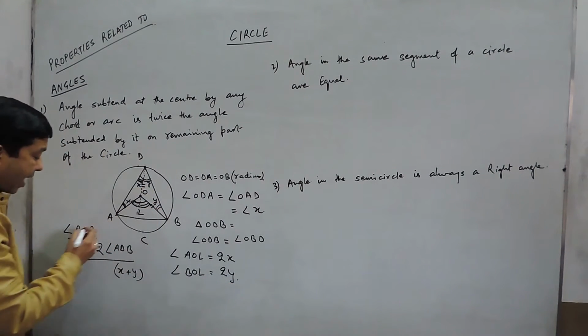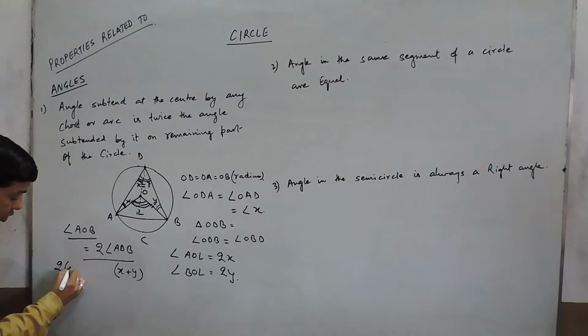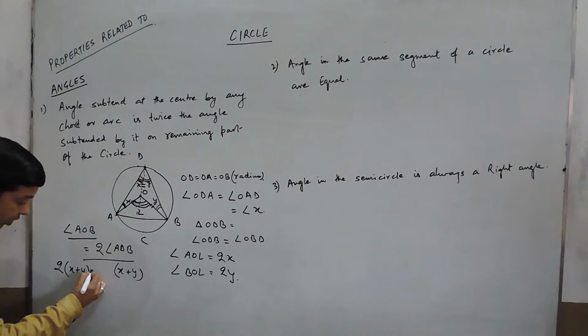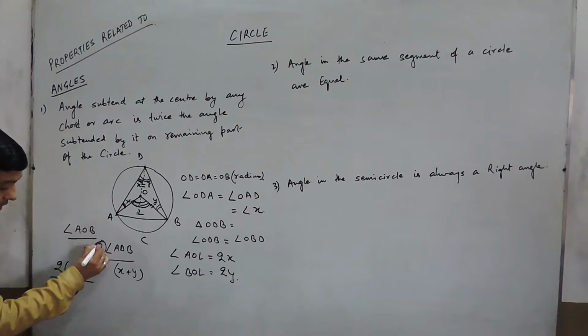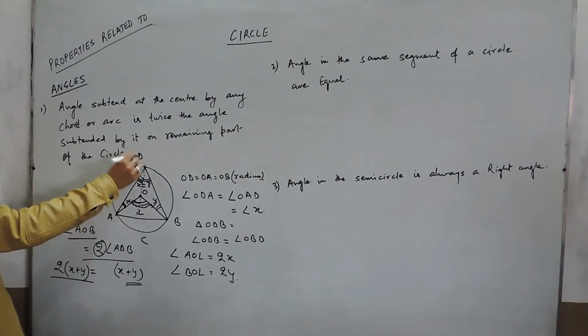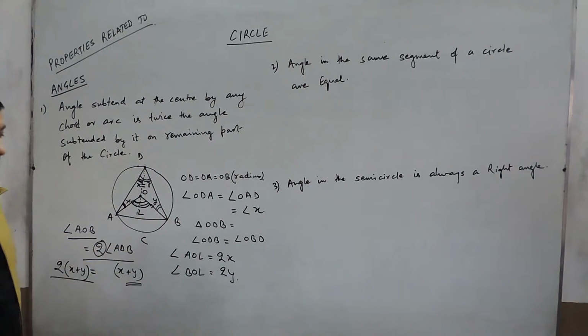So the complete angle AOB is equal to 2 times X plus Y, which is twice the angle at the other part of the circle.